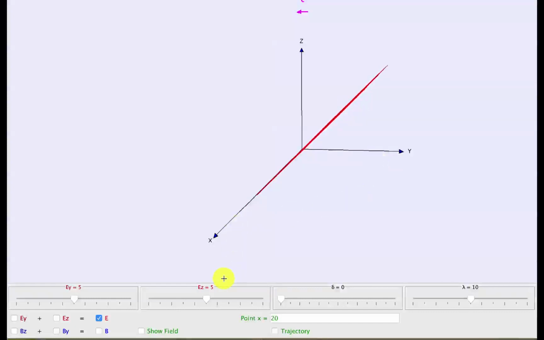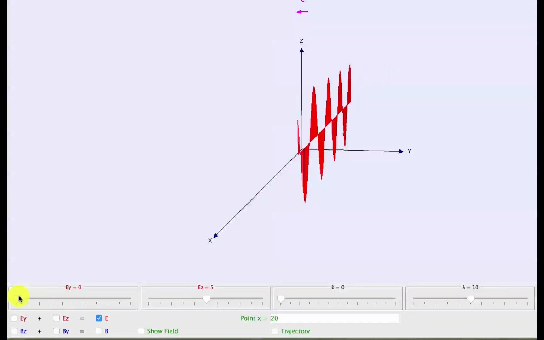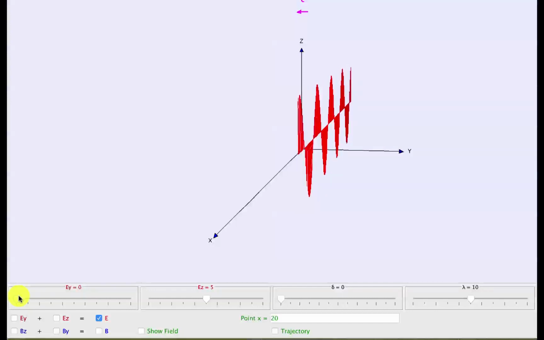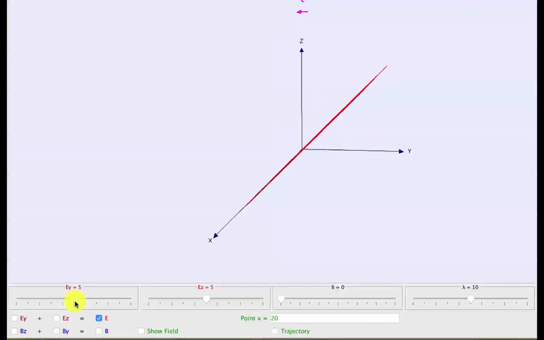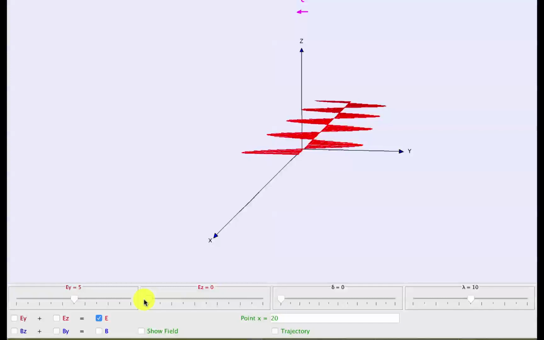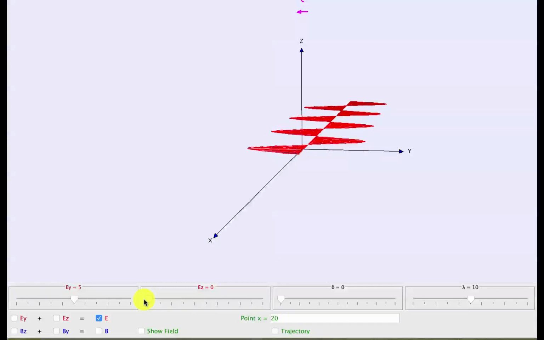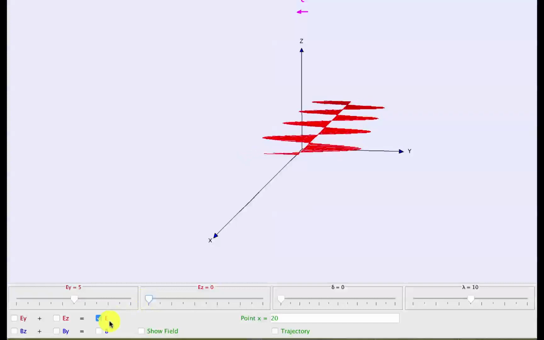Now, suppose I was to make the y component less and less and less. Well, it would be polarized entirely along the z direction. If I was to make the z component less and less and less, it would be polarized entirely in the y direction. And what about the magnetic field?